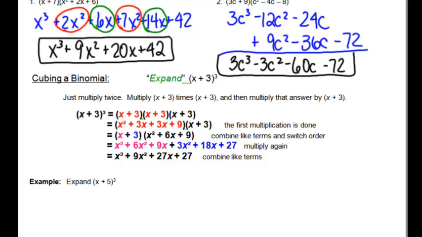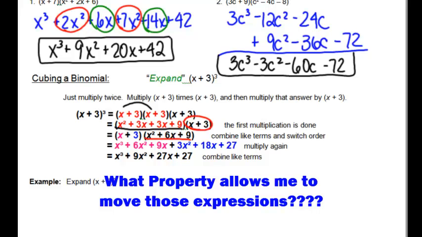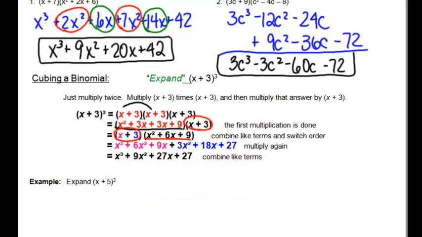What you have to do when you expand a binomial to the third power, that is the binomial times itself 3 times, is do my regular binomial multiplication that we learned last night, and I would get this big long term that I'm going to simplify. And then I just moved it to this location here. And I moved this x plus 3 to the front location, and then I just do my polynomial expansion there.